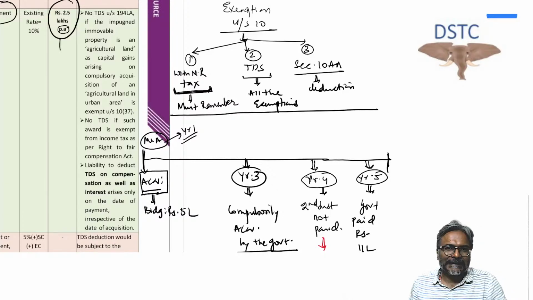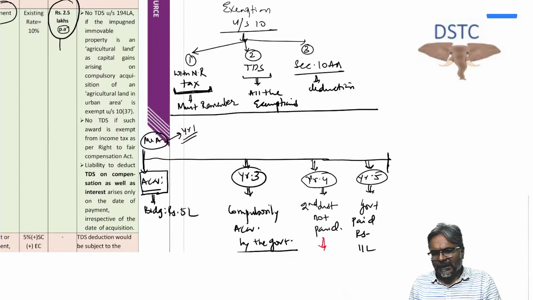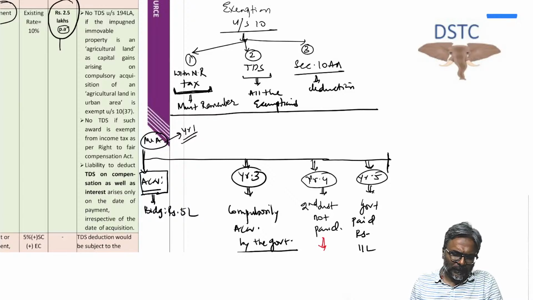Apart from the basic things like agricultural income 10(1) and all, that is fine. But you are encountering some new sections for the very first time. Obviously, there is a huge list of exemptions; it is not possible for all of you to remember everything. So in Final CA, you have to deal with exemptions systematically. One is NR taxation, where all the exemptions are important.